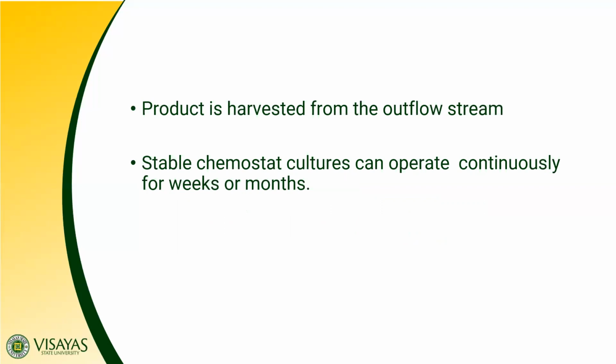The product is constantly harvested from the outflow, and stable chemostat cultures can operate continuously for weeks or months. That's the continuous process culture. Unlike the batch fermentation process, which you can run for 2 days or 3 days, in the continuous process you can operate for a week or a month because of the constant feeding of the microorganism and constant removal of toxins and unused nutrients.